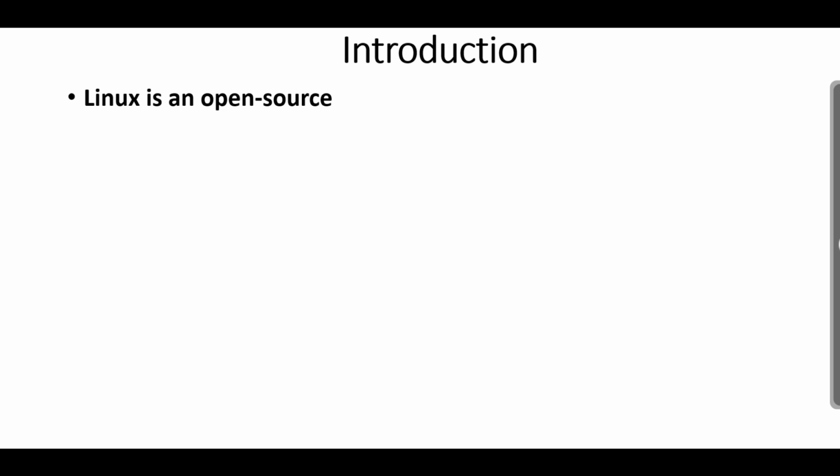It is not a paid version. You can take this operating system and enhance it, like add some features, add some security, whatever you want. Then you can use this for your project or in your organization, or you can sell it or share it with other people as well.